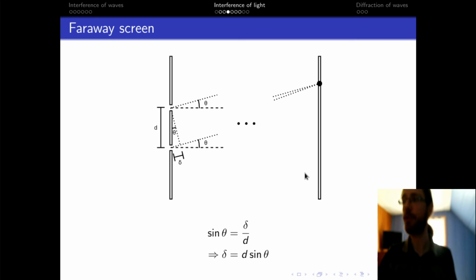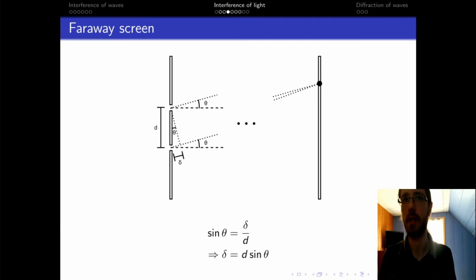The difference between the two, if we take them to be parallel, is just this small distance over here. All the rest, from here to here and here to here, is approximately the same if they are approximately parallel. And so this very small distance is the path difference in our case, which is why I again use the symbol delta.